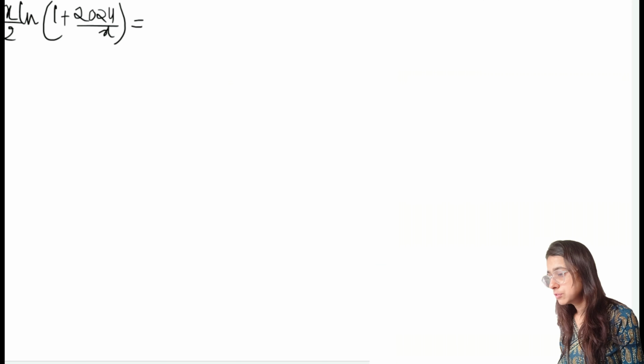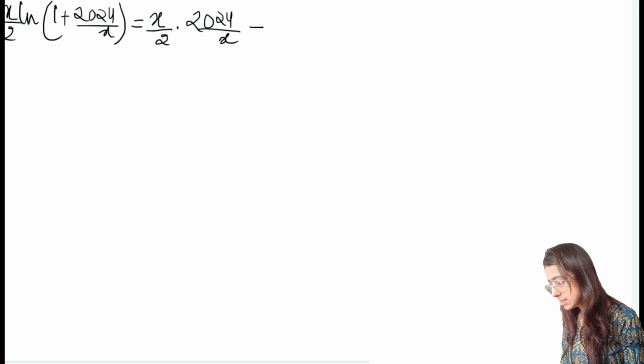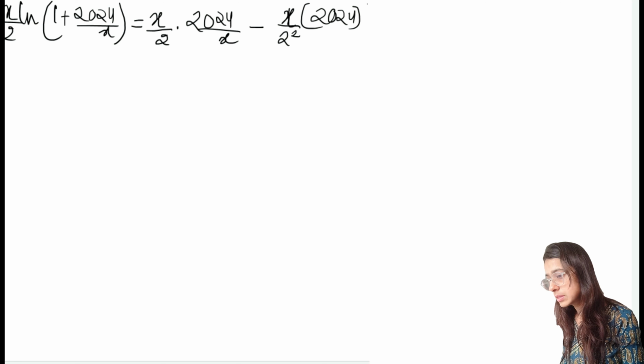So the first term will be x by 2 into 2024 by x, minus 1 by 2 into x by 2 into 2024 squared by x squared.